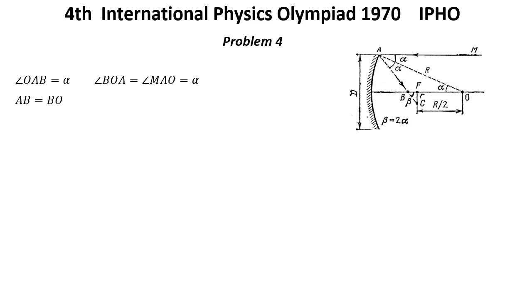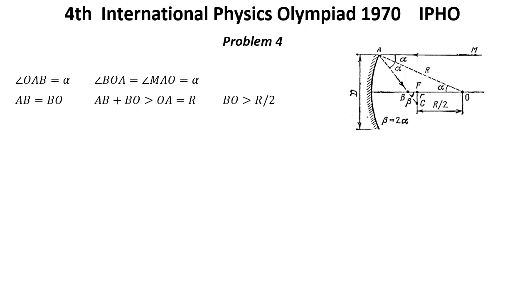Since the sum of the lengths of its two sides exceeds the length of its third side, we have AB plus BO greater than OA, which is equal to R. It means that BO is greater than R/2.